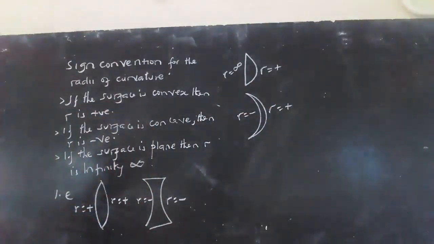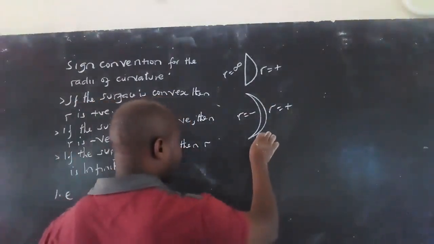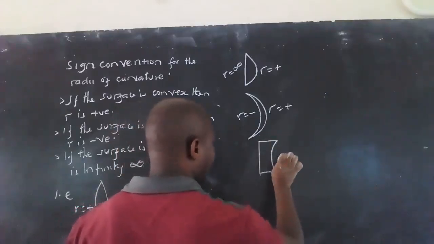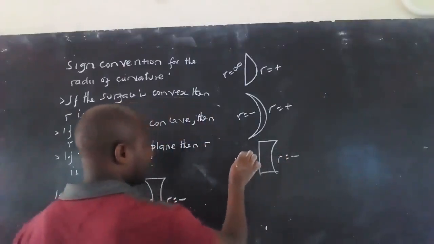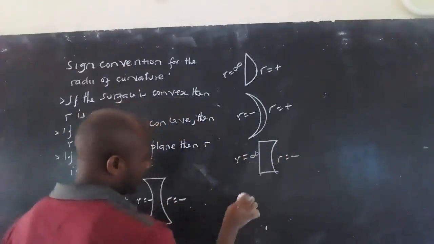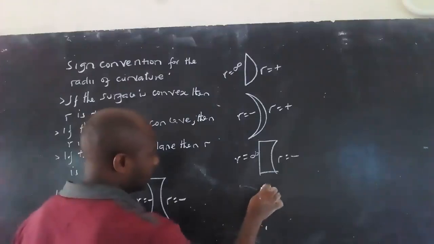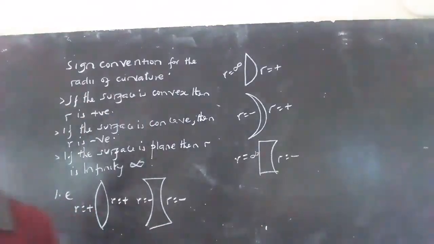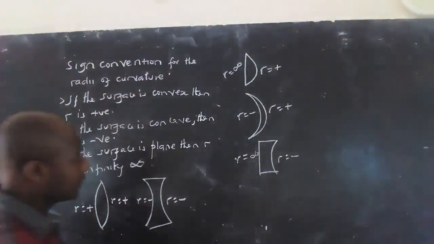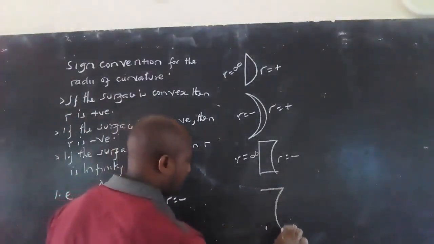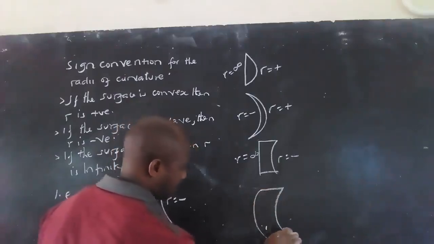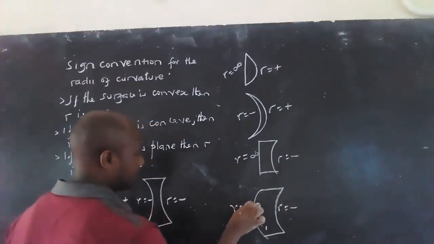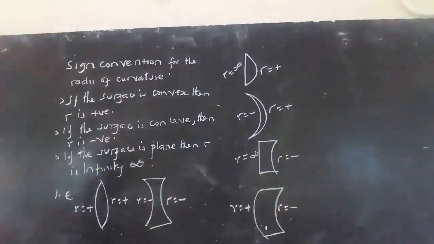And etc. If I have this, R is negative, R is equal to infinity. And if I have something of this nature, I think the rest is okay. Then if I have this, this is a concave side, this is a convex side, like that.